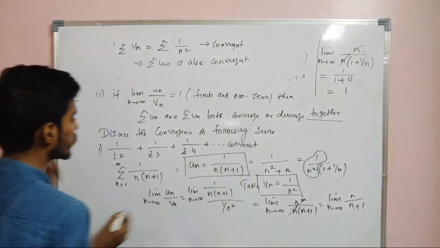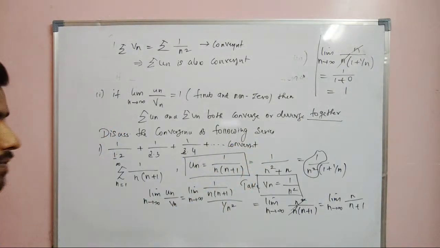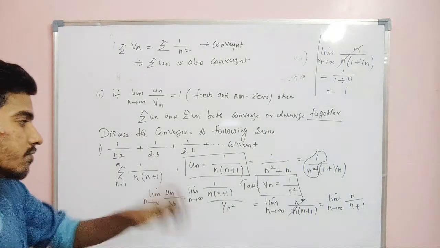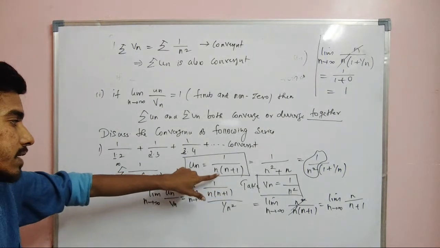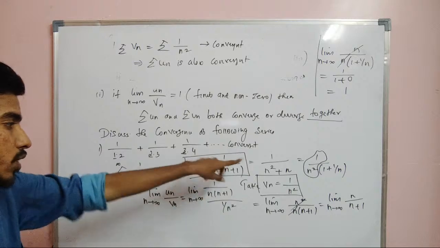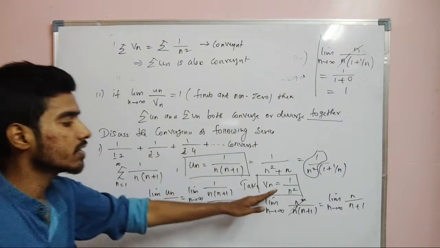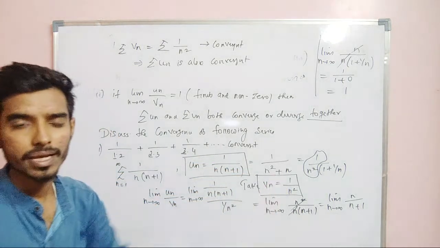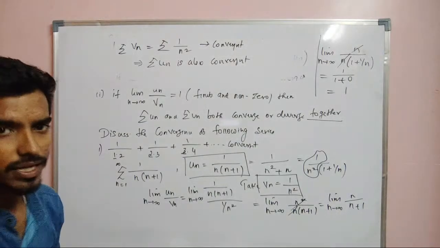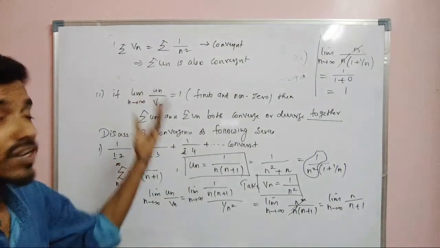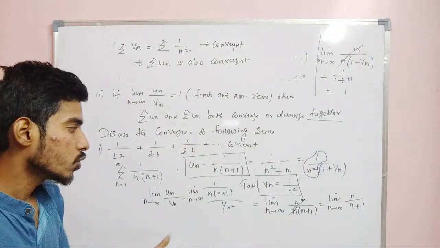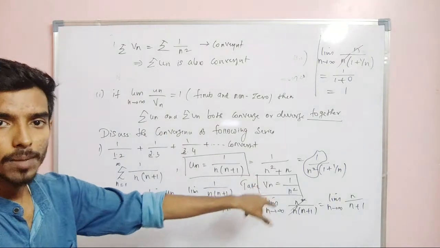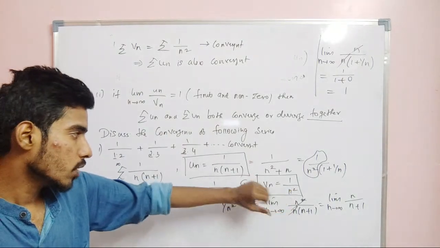I'll repeat. You just find the nth term for a given series, and you find Vn by taking the highest term in the denominator, and you always take Vn in terms of 1 by n power p when you have to apply comparison test. So here Vn is 1 by n square.